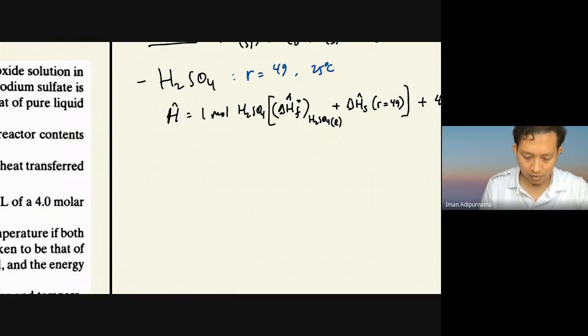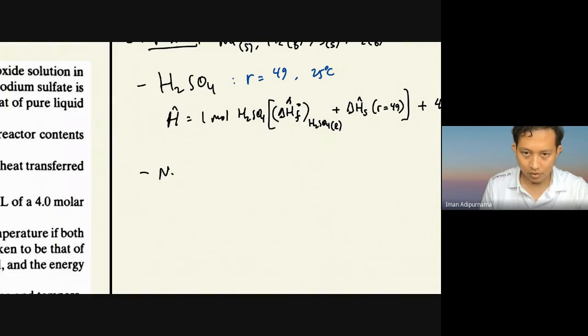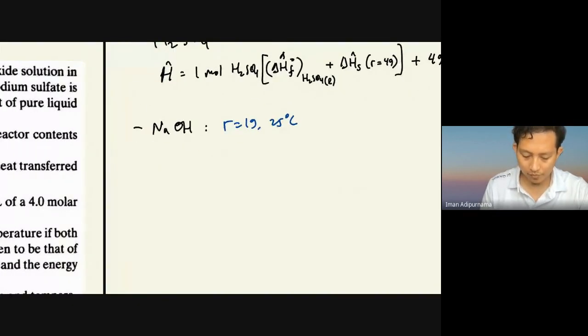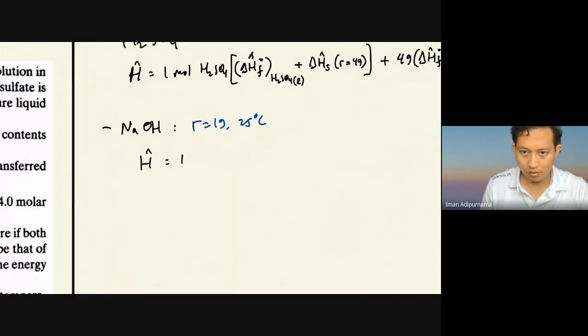And for the natrium hydroxide, the R is 19, same temperature 25. The enthalpy is 2 mole.